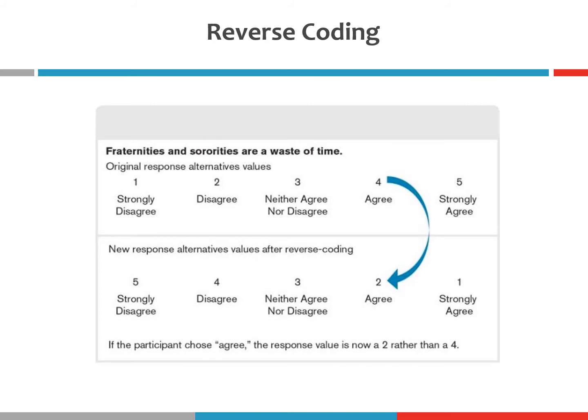So in that scheme, having a higher number should equal more of that trait, or a stronger desire to join a sorority. If we have something like "fraternities and sororities are a waste of time," somebody who is interested in joining a sorority would show a lot of disagreement with that statement. So the option to disagree or strongly disagree should be linked with a higher numerical value, okay?